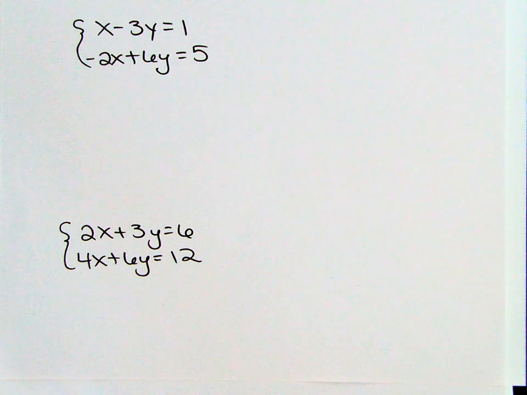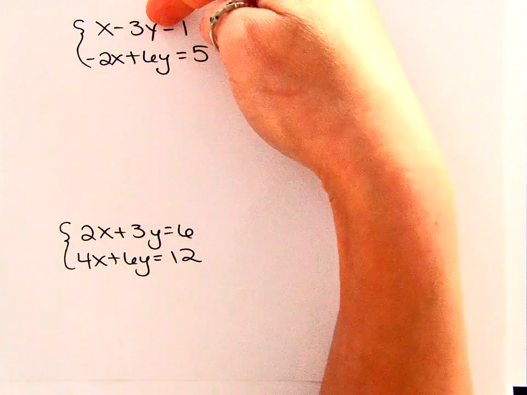If I add them together, neither one disappears yet. So do you want to get rid of your x's or your y's? Y's, okay. So I have a negative 3y on top and a positive 6y on bottom. What do you think we should do?